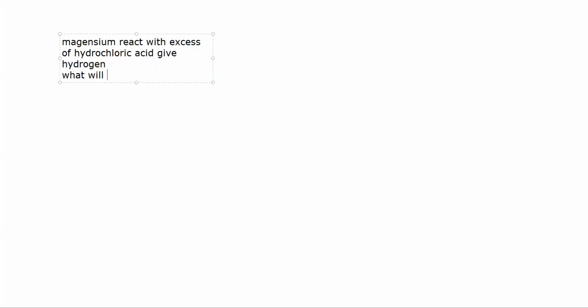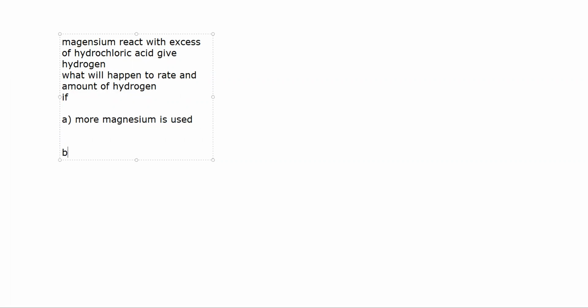What will happen to the rate and amount of hydrogen if, part A, more magnesium is used, and part B, if more hydrochloric acid is used?